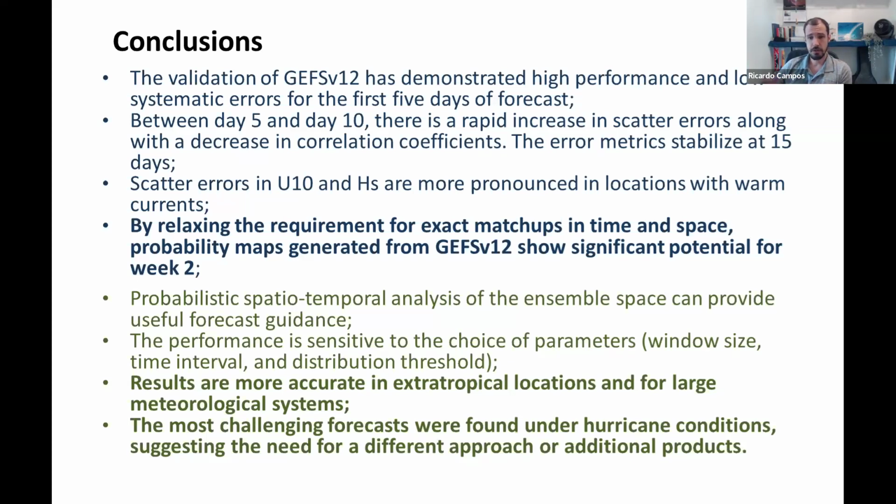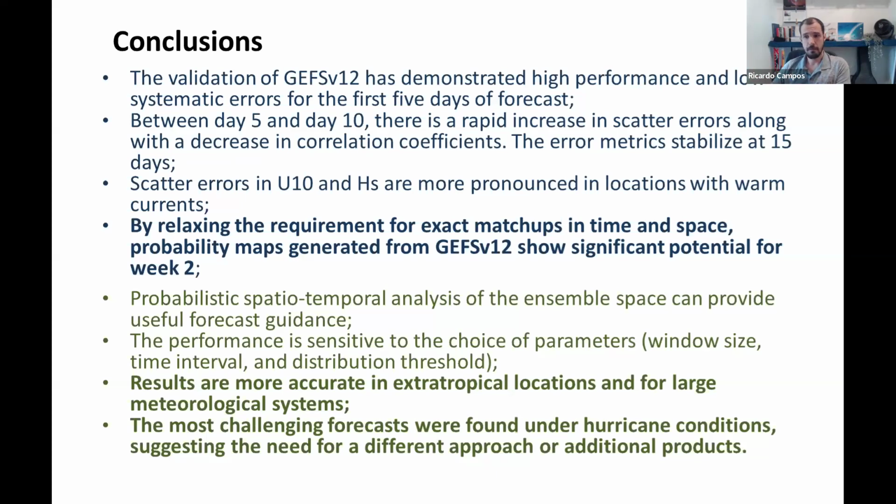And results show that these probability maps are working better for extratropical locations and large meteorological systems. And the most challenging conditions actually occur for forecasts under hurricane, small, very strong winds and short fetch, which is, we know, the most difficult conditions to forecast.